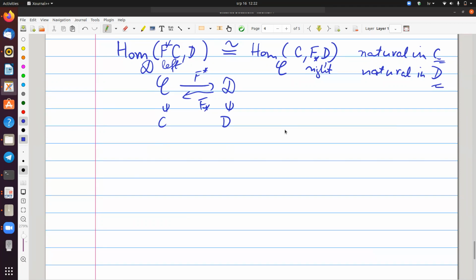So a lot of geometry can be explained by using these adjunctions among the categories of sheaves, and by abstracting those to more general situations.